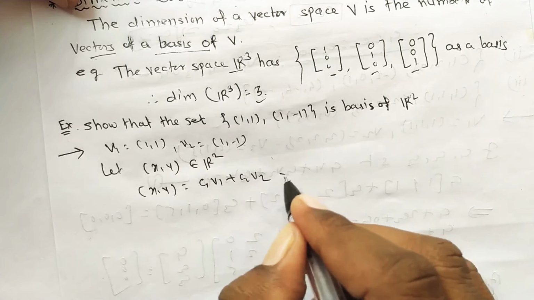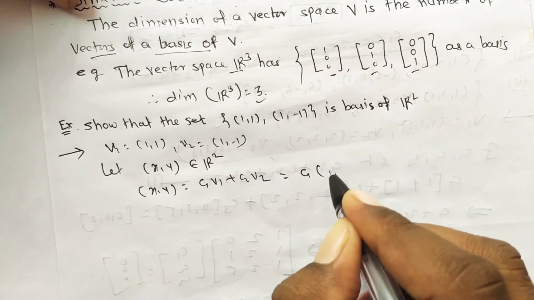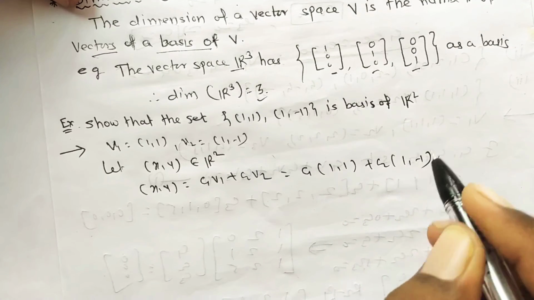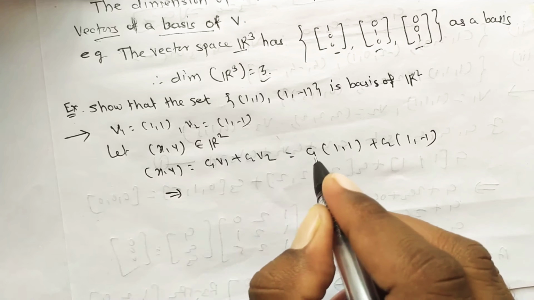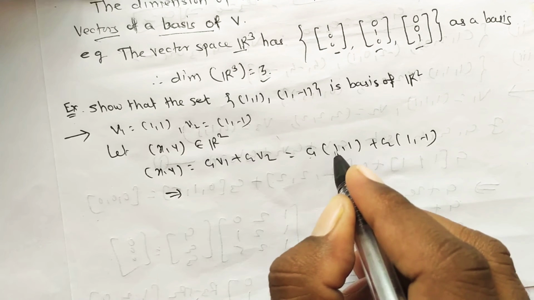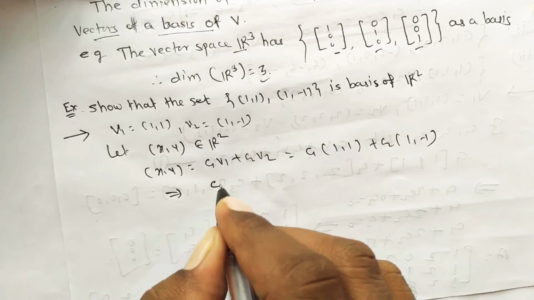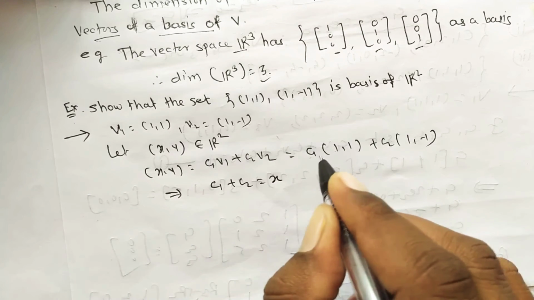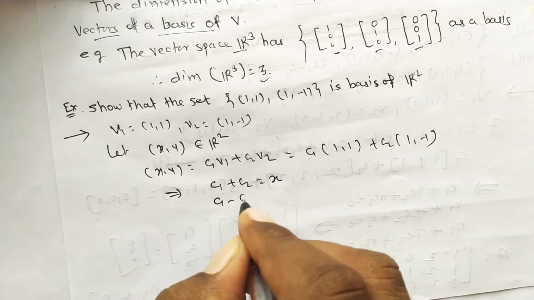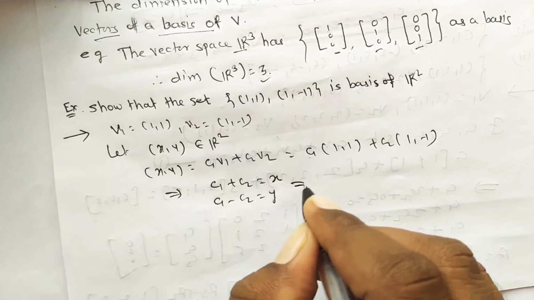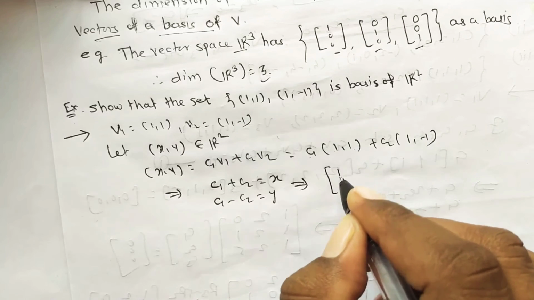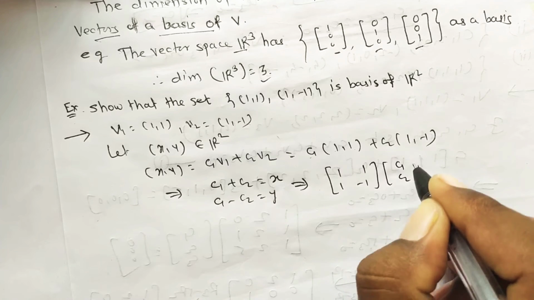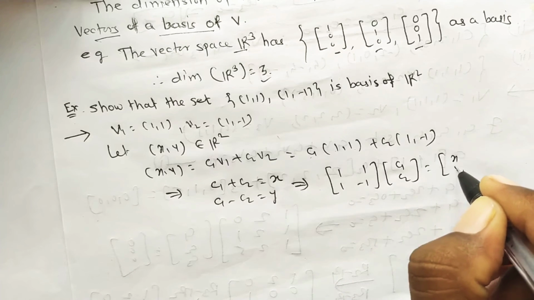So this is c1 into (1,1) plus c2 into (1,-1). Multiplying, we get c1 plus c2, and by equality of matrices this is equal to x, and the second equation is c1 minus c2 is equal to y. Now if we write this system in matrix form, we get the matrix [[1,1],[1,-1]] times (c1,c2) equal to (x,y).